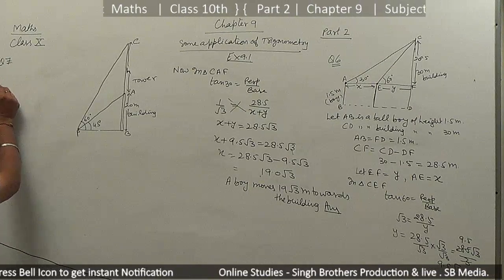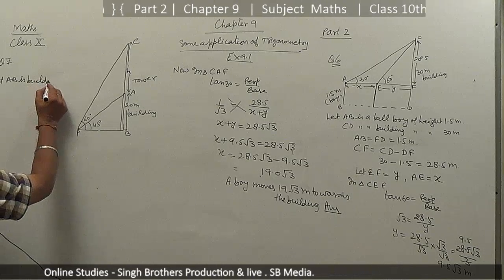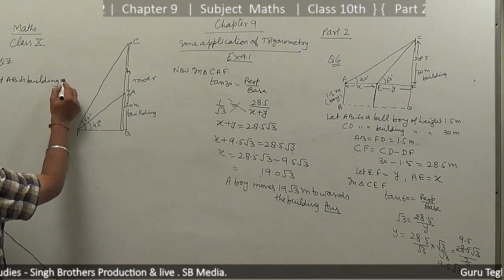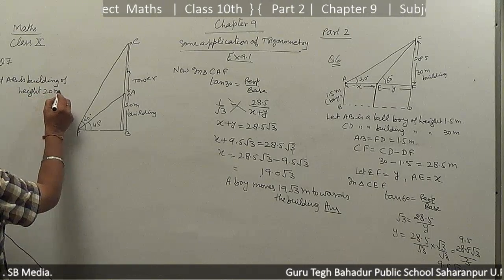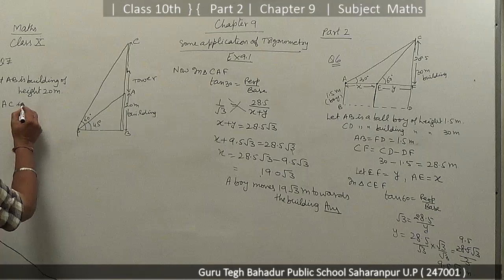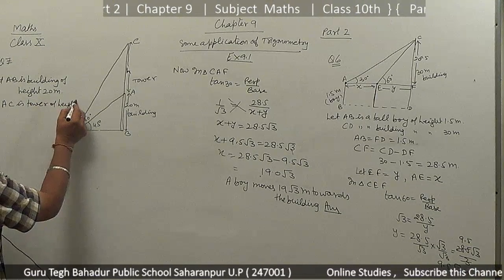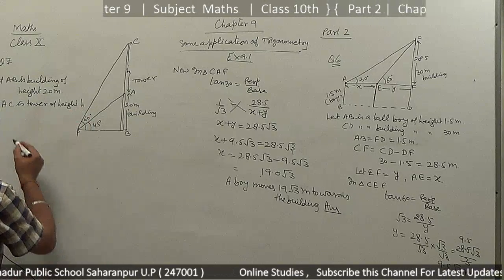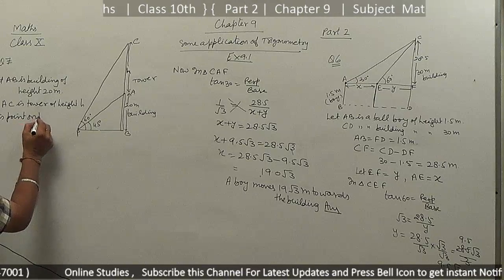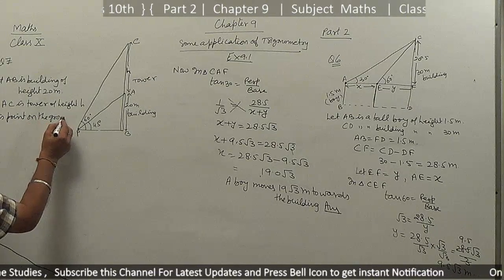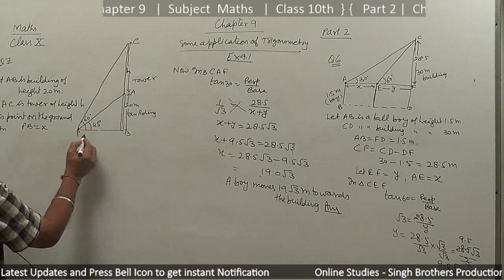Let AB be the building of height 20 meter, AC is the tower of height h. P is any point on the ground and PB is equal to x.